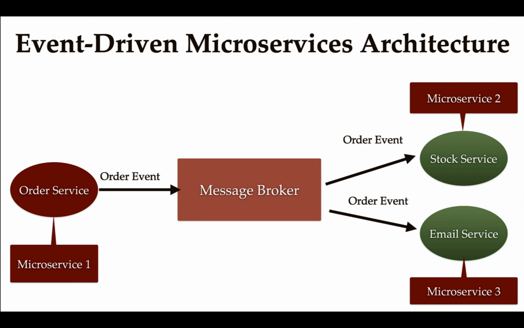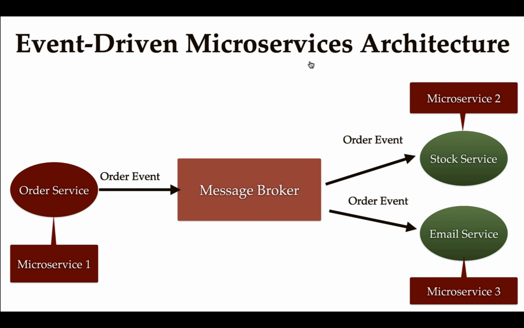For example, consider this event-driven microservice architecture. This architecture has three applications or microservices: order service, stock service, and email service. Whenever a customer places an order, an event will be created, for example a create event, and that event will be published to the message broker. Then stock service and email service will consume that message from the message broker.